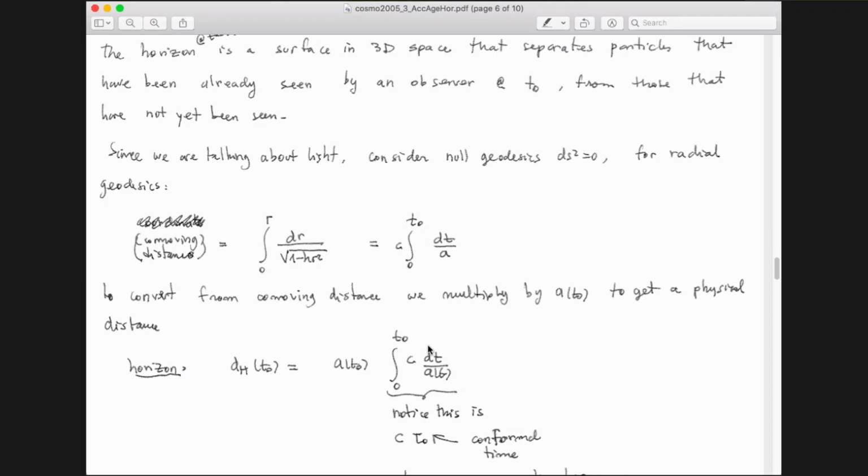See, I now know the analytical formula of the horizon size. Now I want to see what the horizon size is if the universe is matter dominated only. You know how a(t) is a function of time in a matter dominated universe. Put it back here and solve for this as a function of t naught. I want to calculate dH at t naught. Is it clear now? Yes, sir. Tell me how.